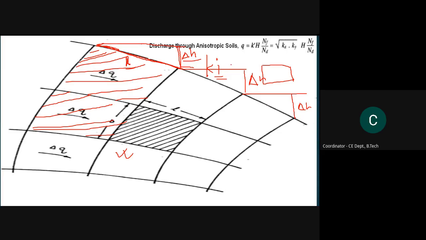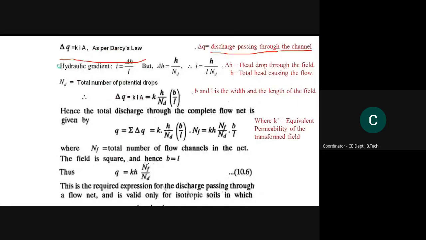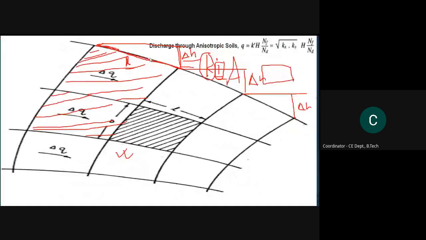So we have discovered, if we know K, the permeability of the soil, and the hydraulic gradient, meaning the slope of this field, and the other term, which is A, the area. If we know the area of this channel, we can easily evaluate the discharge of this particular field or channel.